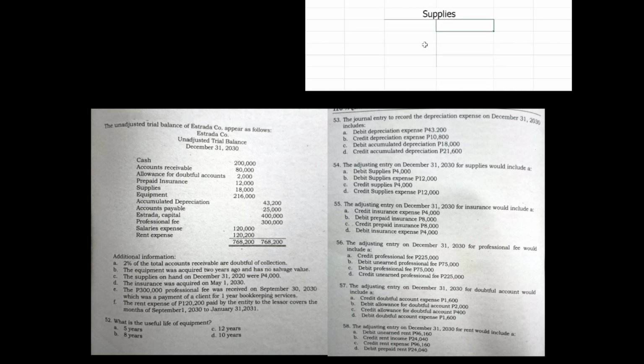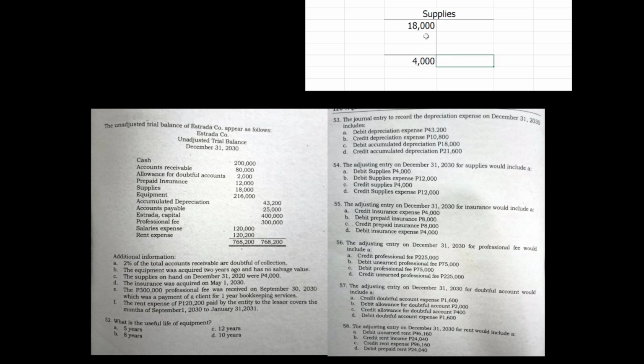Okay, so kung gagawa natin yung T account, itong ating supplies, we have a debit of 18,000. And then sabi dito sa additional information natin, yung supplies on hand na lang natin at December 31, 2030, were 4,000. So, ibig sabihin, itong ating T account ay merong 4,000 at the end of the year.